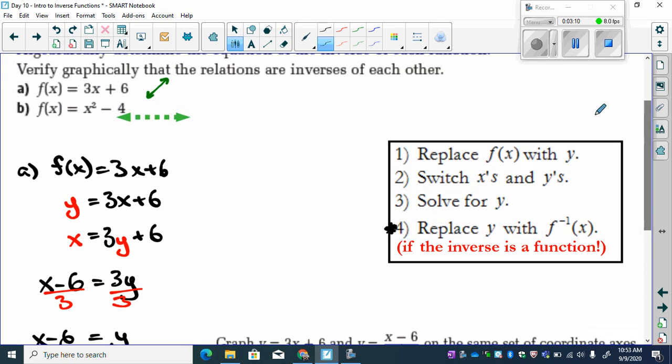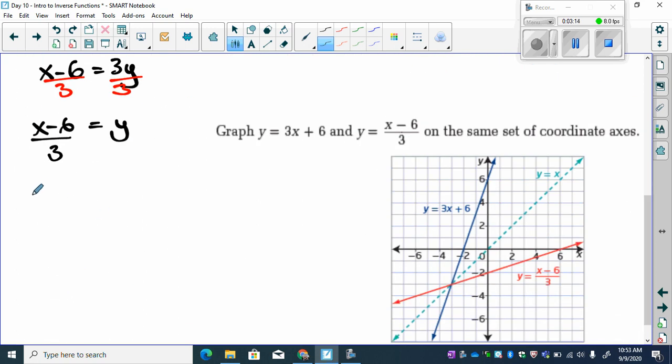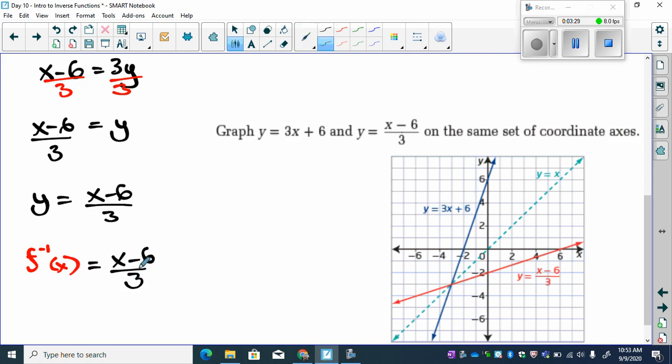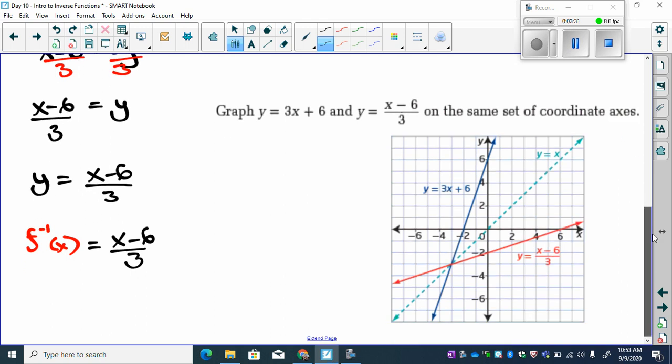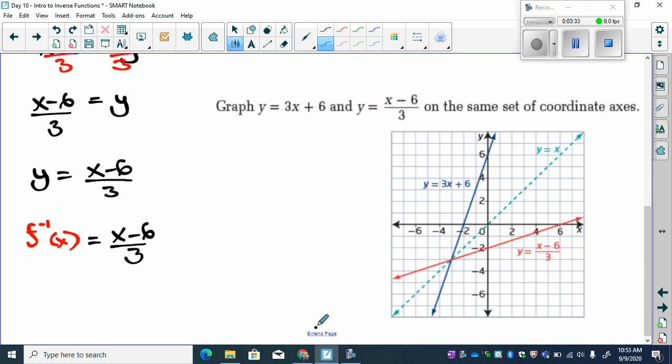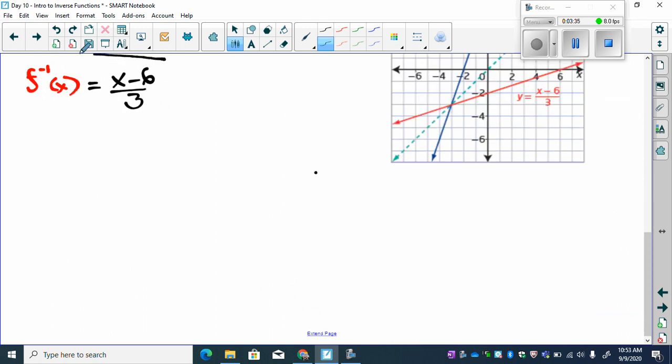And remember, since this did pass the horizontal line test, it's okay to write it like this. Now I can do step 4. Step 4 is replace the y with f inverse x. And there it is. There are some other ways that you may see this, but this is perfectly fine right here.